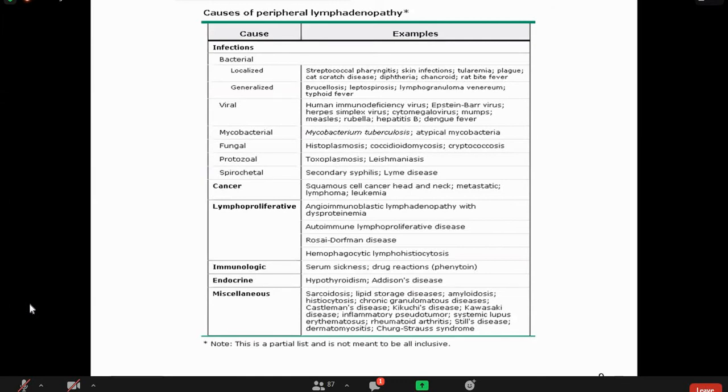Kawasaki disease is a vasculitis, very common in young children, which is characterized by coronary aneurysms. And the treatment involves IV immunoglobulin and aspirin. Inflammatory pseudotumor, anything which is infectious or inflammatory, the draining lymph node can get enlarged. And please remember SLE, RA, Still's disease, dermatomyositis.